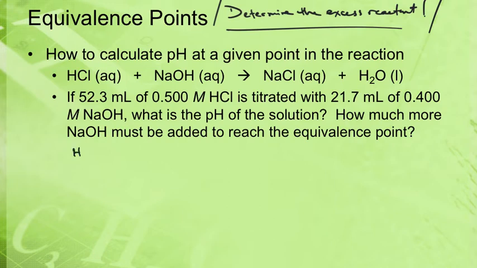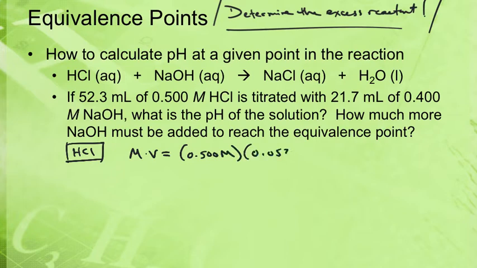As far as the acid goes, we'll label this one HCl, right? It's going to be molarity times volume. Molarity is 0.500 molar. Volume is 0.0523 liters. Let's grab a calculator real quick. 0.5 times 0.0523, and this is 0.0262 moles of HCl.